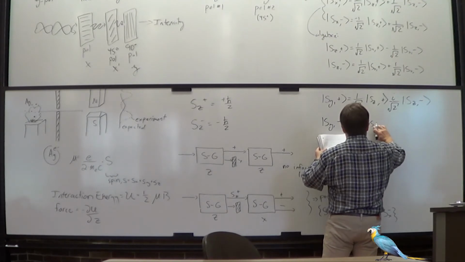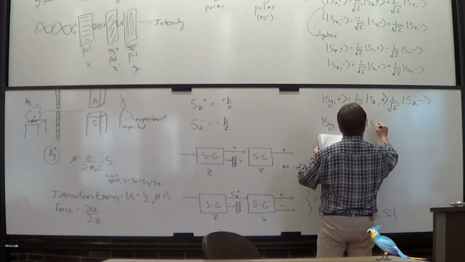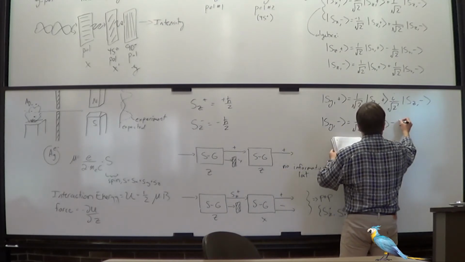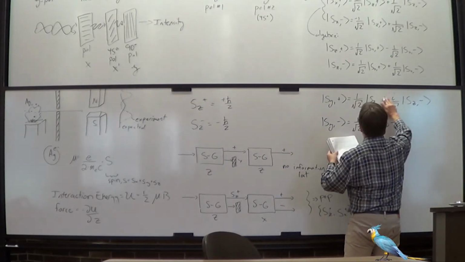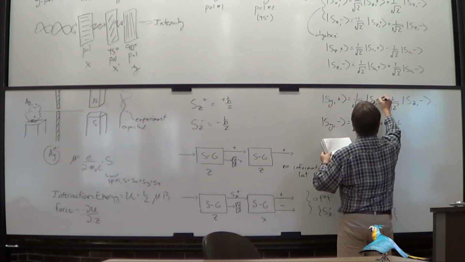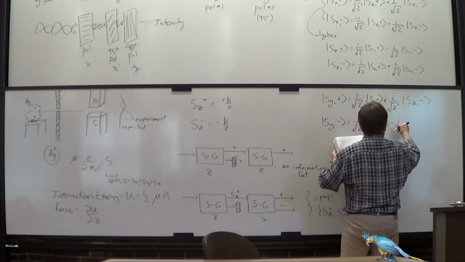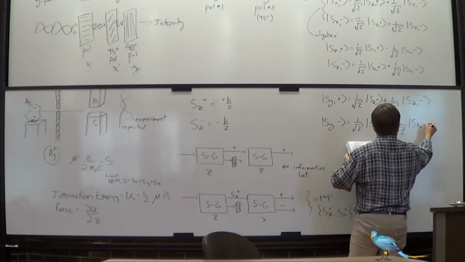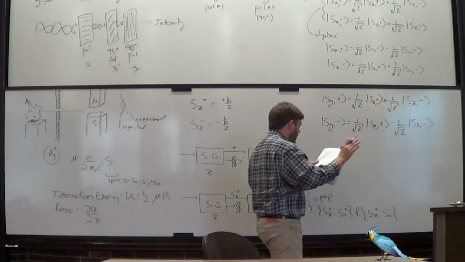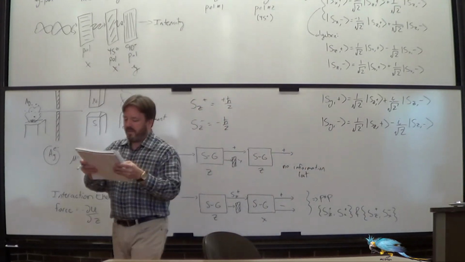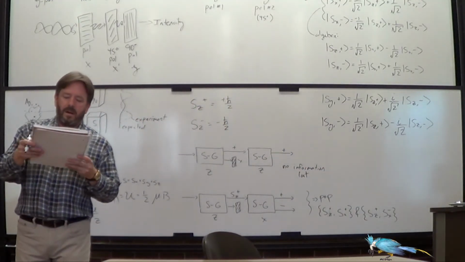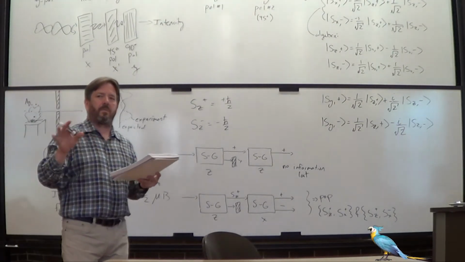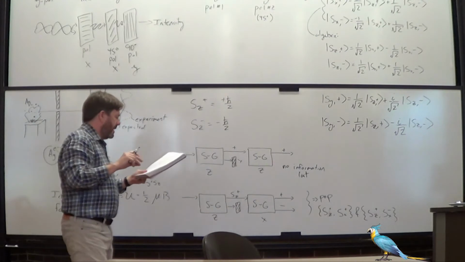Plus, minus, and then we get minus i over the square root of 2, SZ minus, there we go. Now the point of this is that they're distinct, and by distinct they're orthogonal, and we'll be doing orthogonal in a minute.